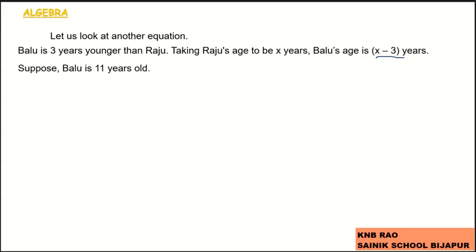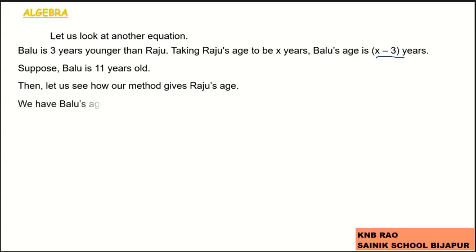Now, how do you find the age of Raju? Let us see how to find that. We have Balu's age as x minus 3, which is equal to 11 years, and let us call this equation 2.